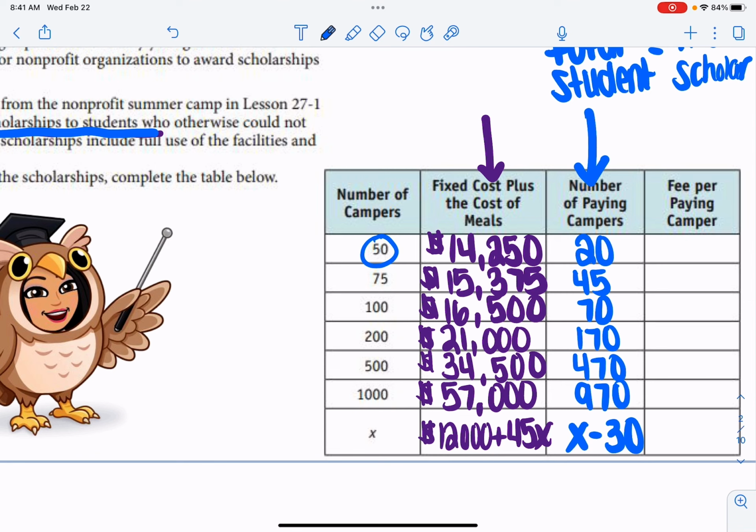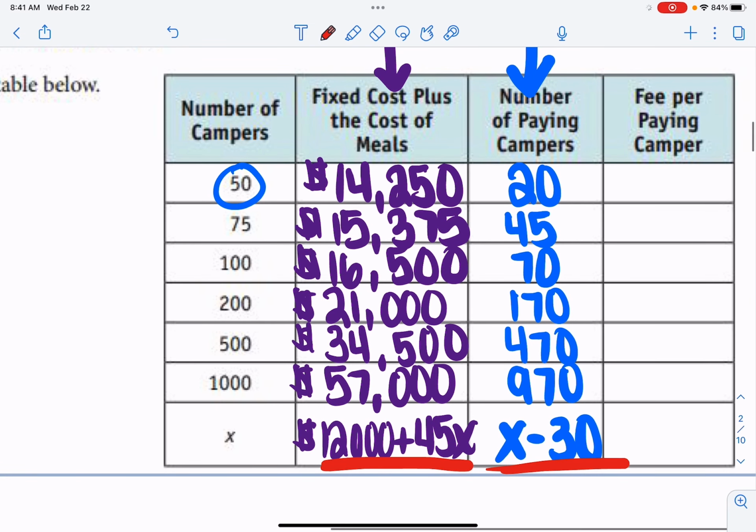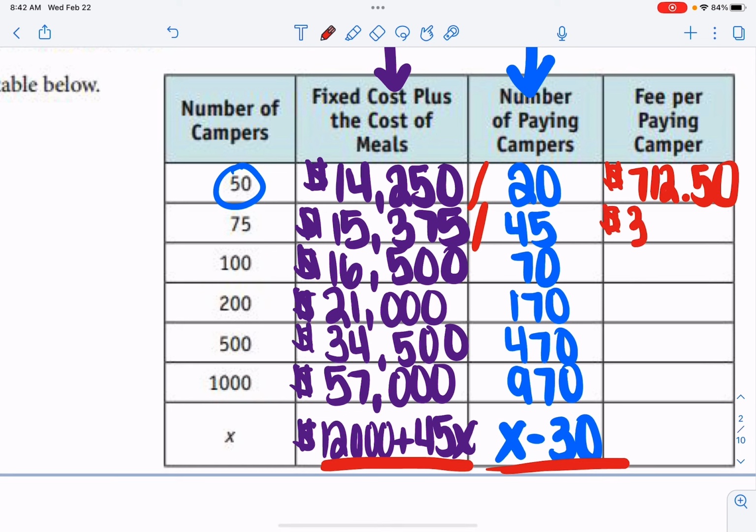Then for that last step, it says fee per paying camper. Here's what I do: this is the cost of the total campers, and this is the number of paying campers. So I'm simply going to take these two numbers and divide them by each other. If I divide those two numbers, I would get 712.50. Divide those two numbers, you get 341.67.